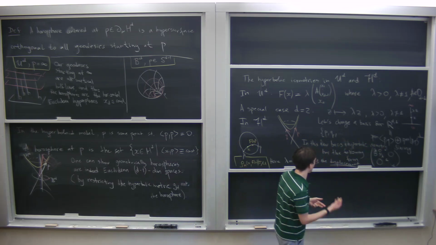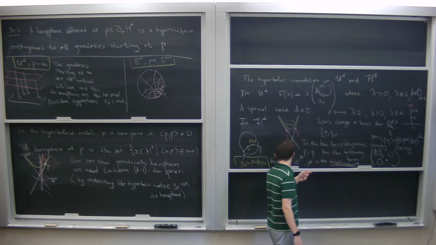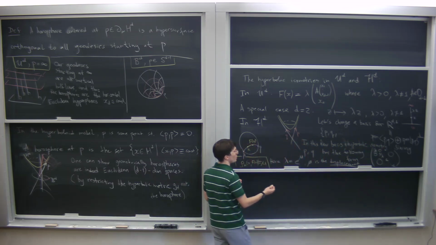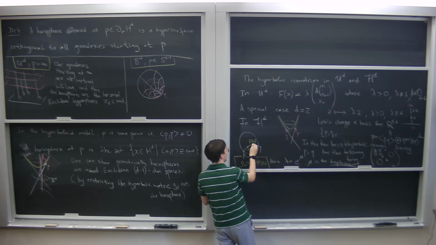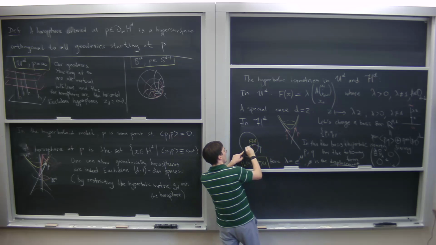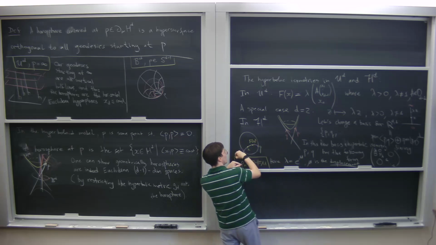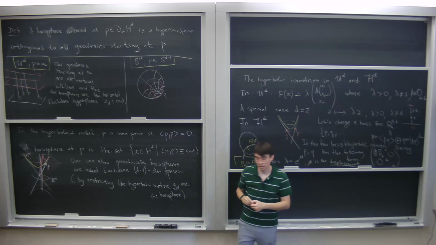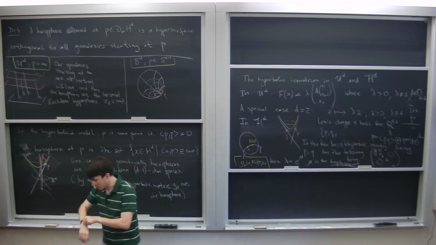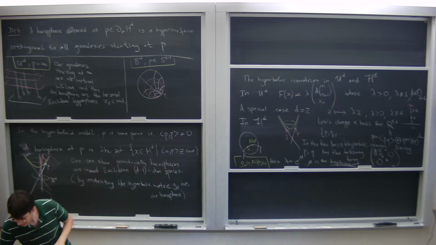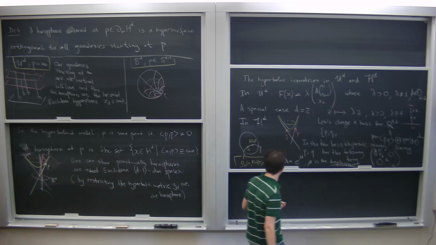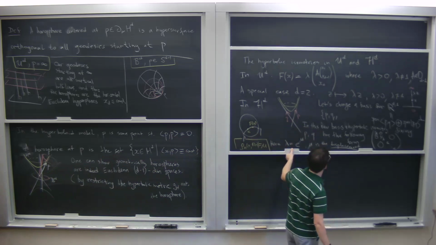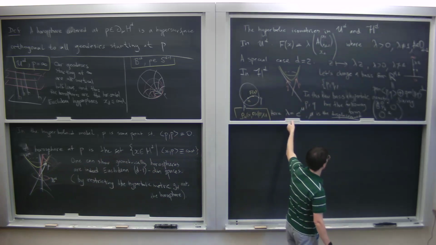If it has a sign, then it tells you whether you move along from P to Q or back. Okay, this is what I was going to tell you about the types of hyperbolic isometries in different models.